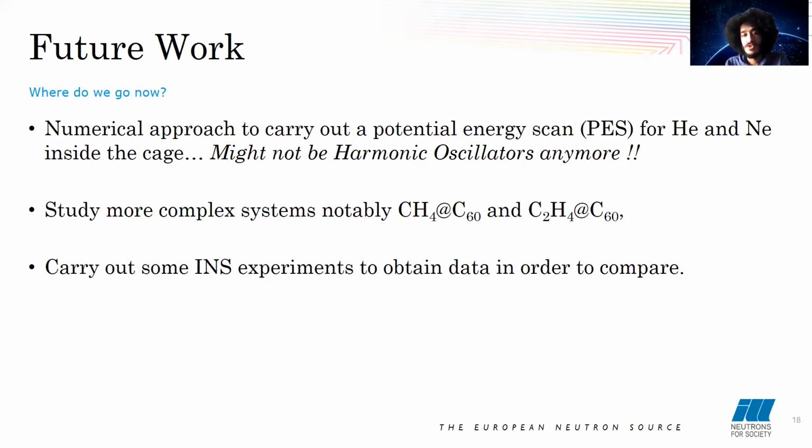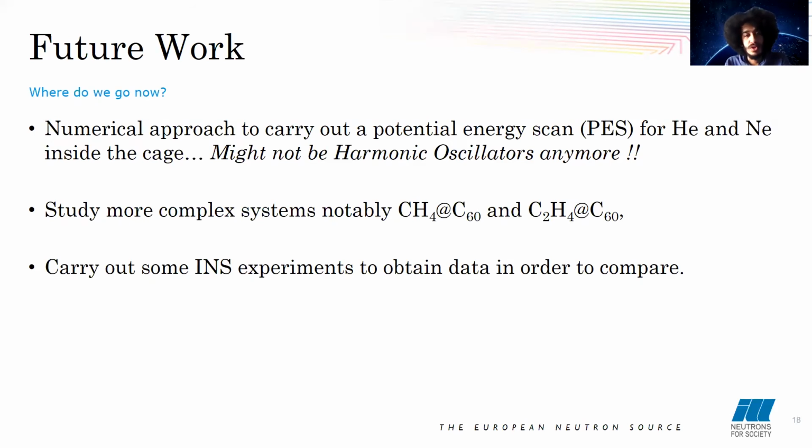And once this numerical calculation of the potential energy scan is complete, I will try to do the same thing again and see the differences and the shifts of the vibrational modes and try to understand them. And once we are done with helium and neon, we'll move to more complex systems, as I said earlier, notably CH4 and C2H2.